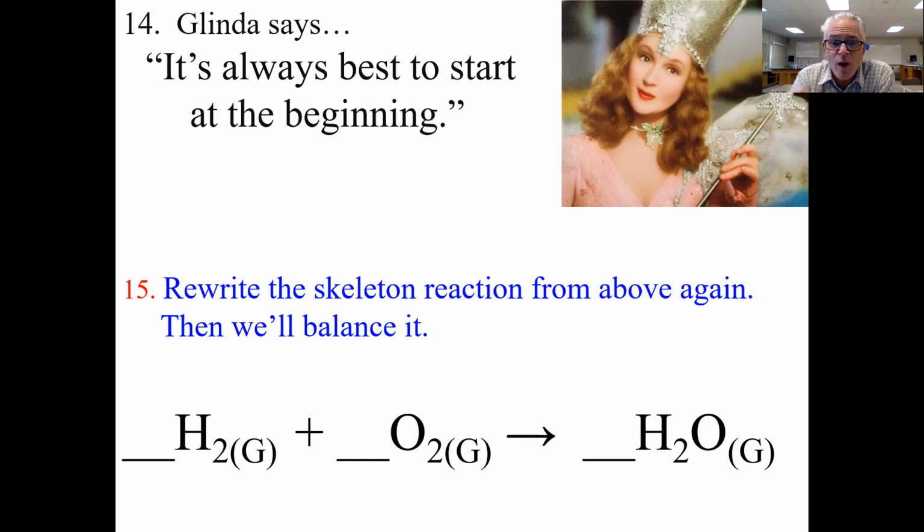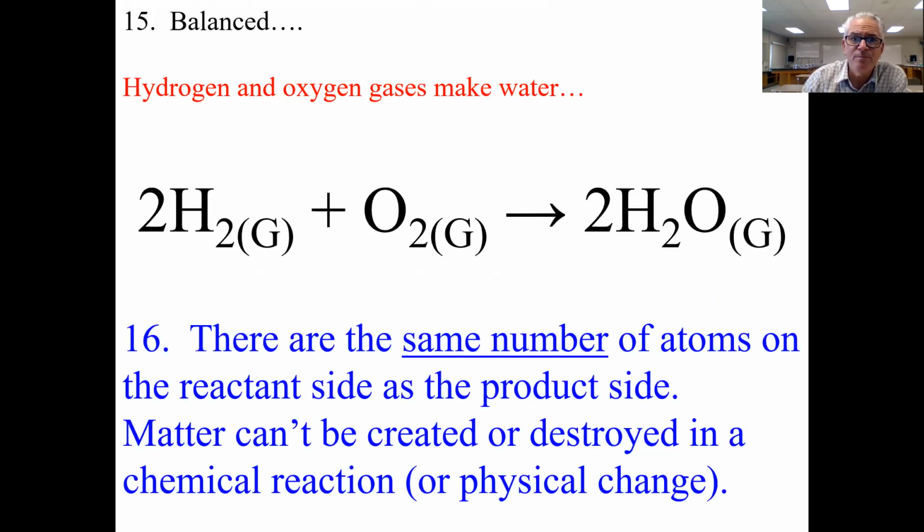Now, the only way to fix this, because we can't change H2, we can't change O2, and we can't change H2O, is to say, wait a second, if I have to have 2 oxygens in the product, I'll put a 2 in front of the water, and I won't make 1 H2O, I'll make 2 H2Os. That gives me 2 H2s, 4 hydrogens.